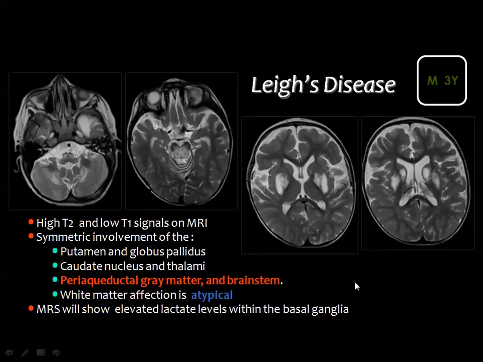Then Wernicke encephalopathy occurs at a relatively higher age, and Leigh disease will present during childhood.